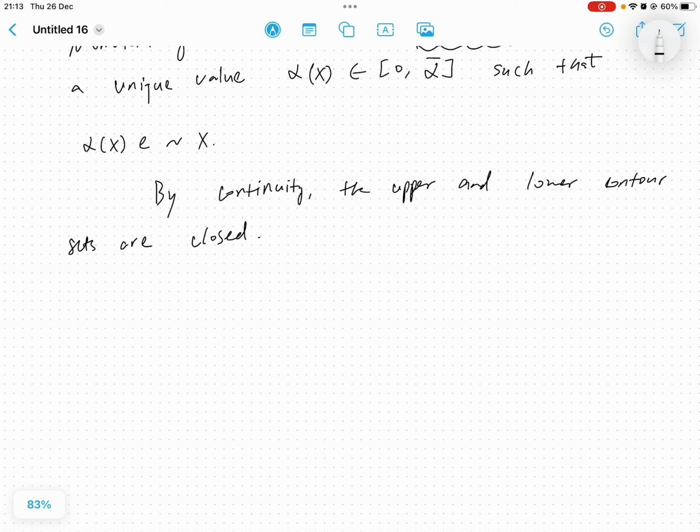Okay, so then let's denote this upper contour set, or some set equivalent to that, using alpha instead of y. Instead of some point, let's use something on this line.